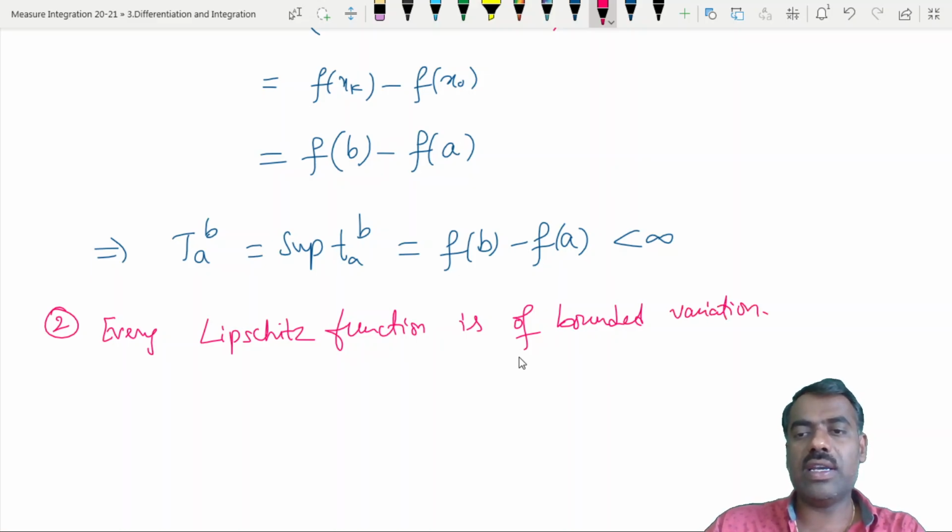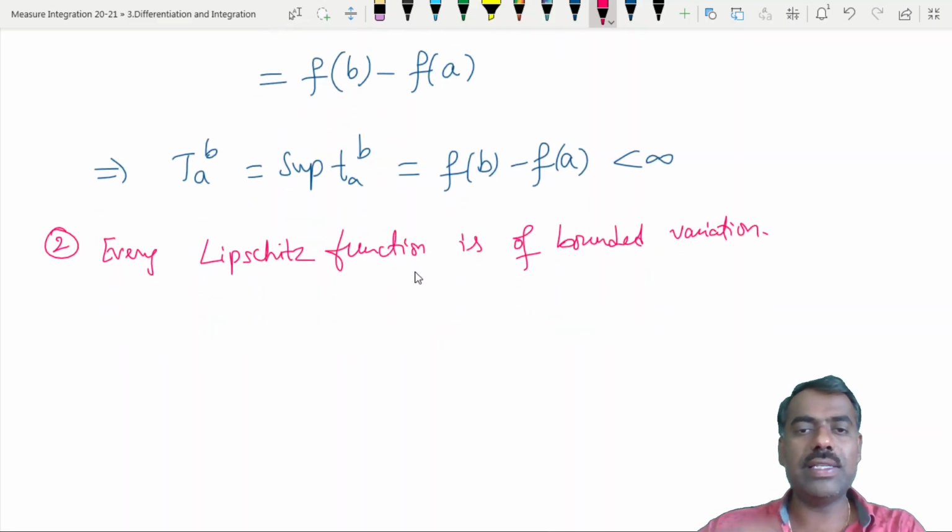So we are giving again n number of examples. If some function satisfies the Lipschitz condition, then we can prove that it is of bounded variation. So what is meant by saying Lipschitz function?